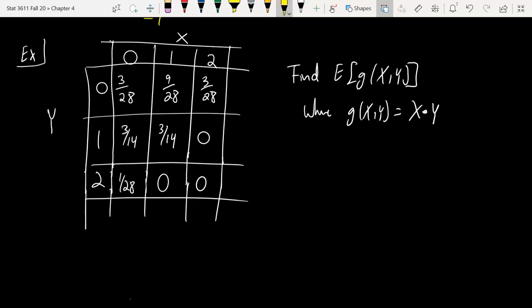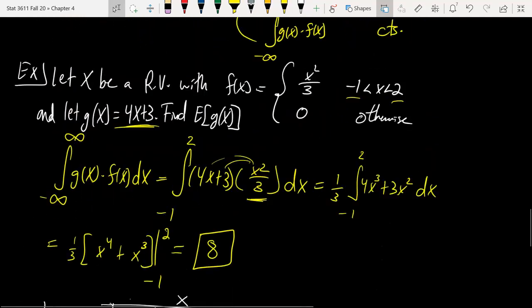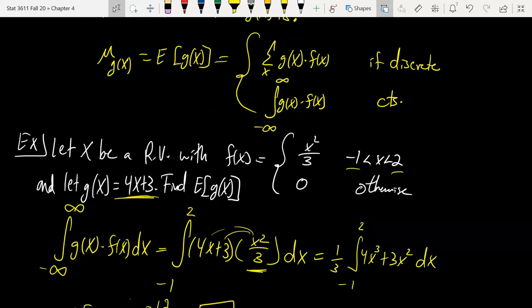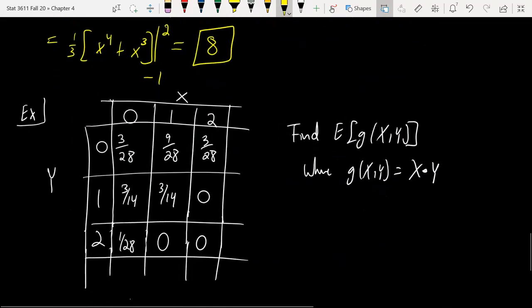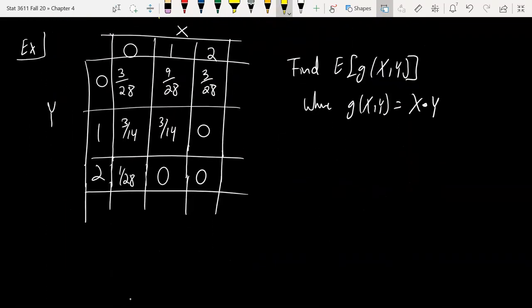All right, how would we work through this? Let's use our best intuition. Based on the theorem, this is a discrete case, and it says we should just do the sum over all values of g of x times f of x. Now, in this case, we have a multivariate function, g of x, y is x times y. So we'd be looking at the expected value of x times y.